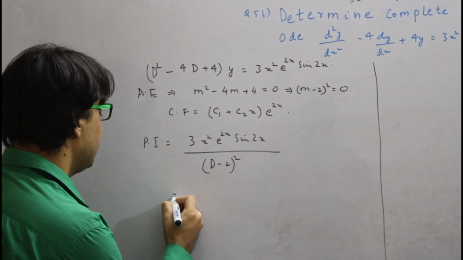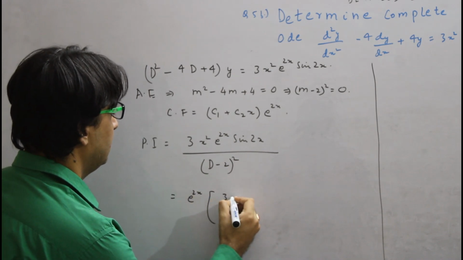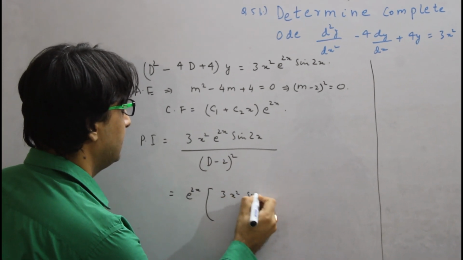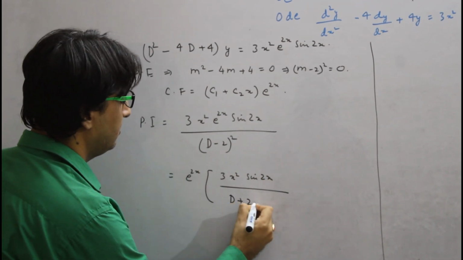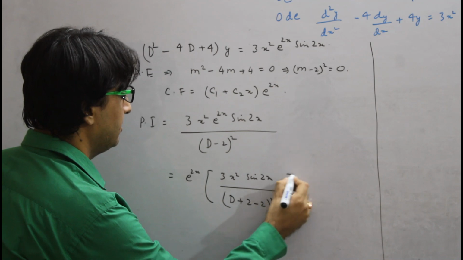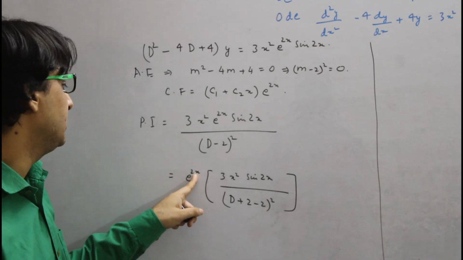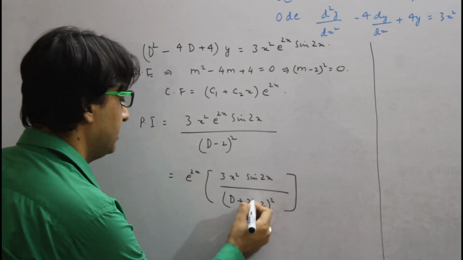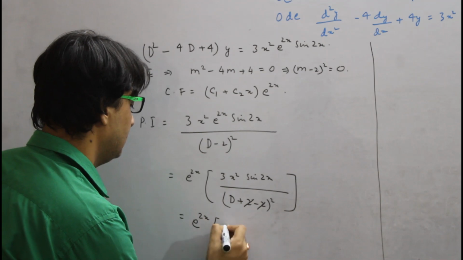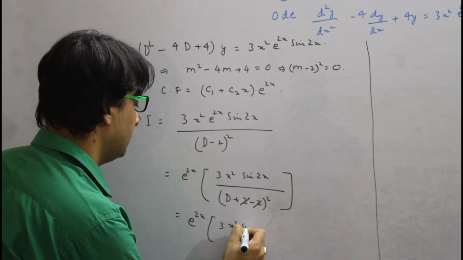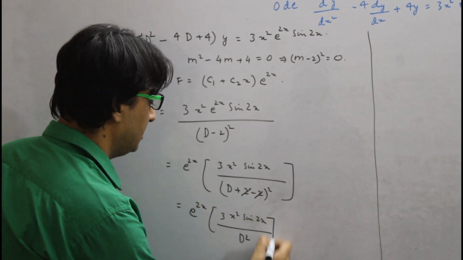So we will use the shifting property, and we can write this D plus 2 minus of 2, because we have shifted by this amplitude of exponential function. So this becomes e to the power 2x, 3 times x square sine 2x divided by D square.